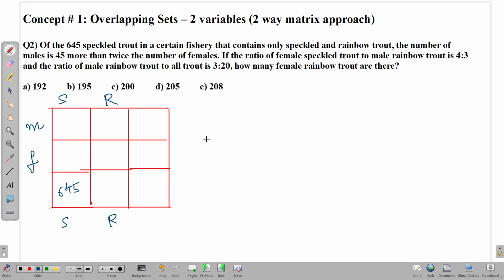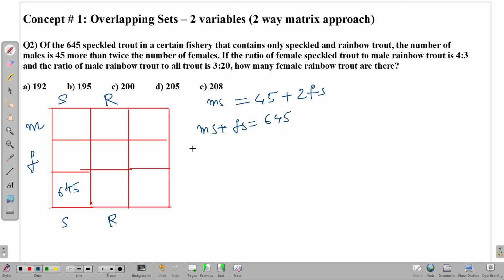And of this, I've been told that, let's say, the male speckled trout, male and speckled, is the total number here, that is what goes in this cell, 45 more than twice the female speckled, and male speckled plus female speckled is 645.